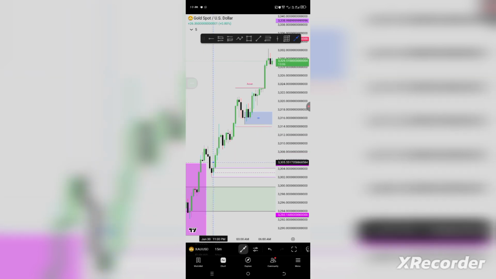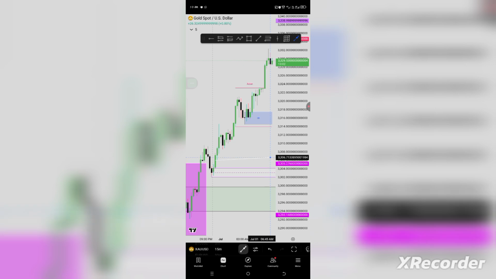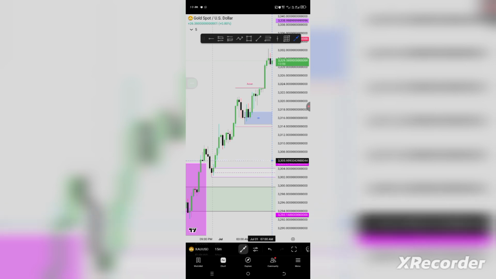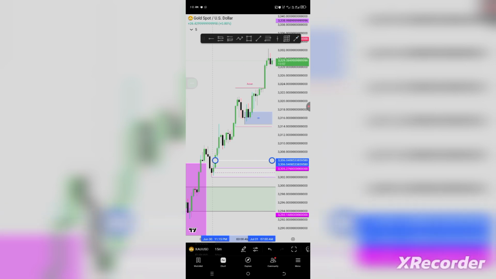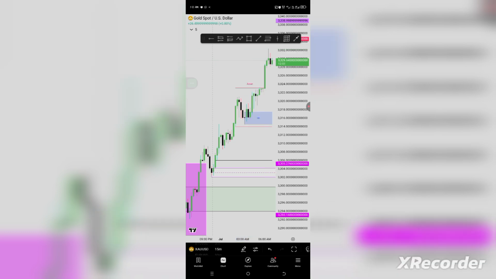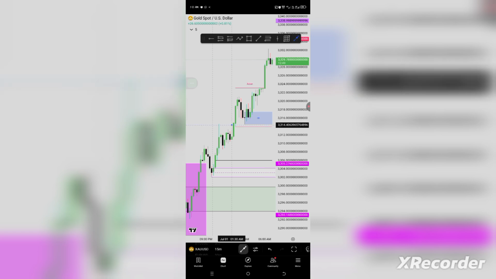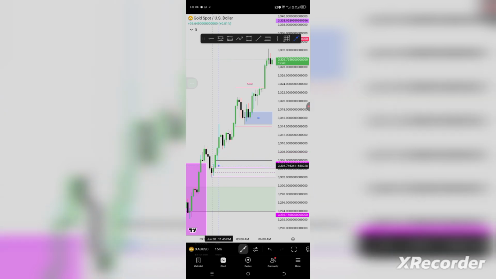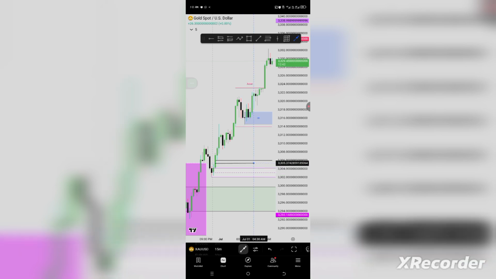Let me mark this out. Still have that visible imbalance, and price is still going to come back to mitigate that zone eventually.